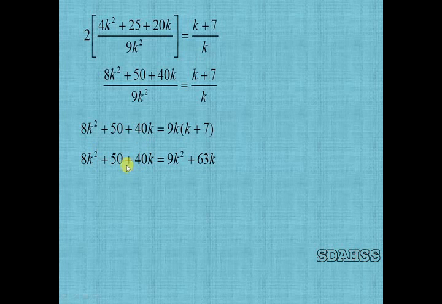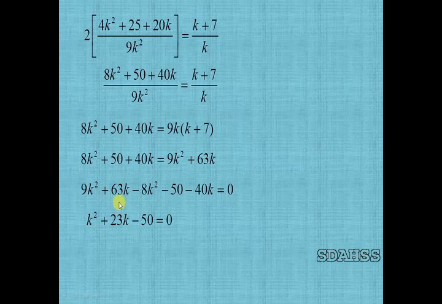So bring the left hand side terms to the other side, they become negative. So this can be written as 9k square plus 63k minus 8k square minus 50 minus 40k is equal to 0. 9k square minus 8k square is k square. 63k minus 40k is 23k. Minus 50 is equal to 0.